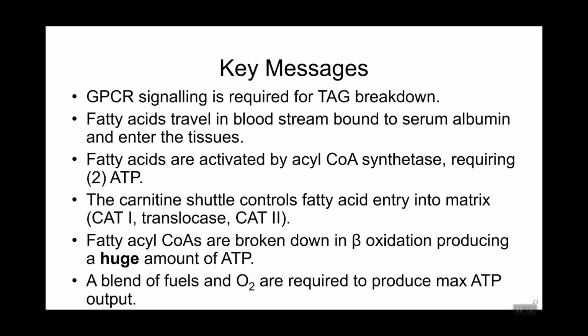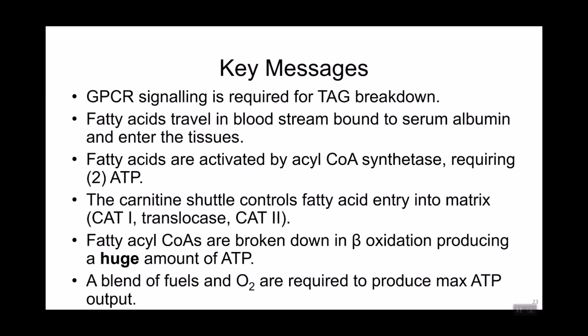So just in summary, in order to generate energy from fat, we do need to initiate the GPCR signaling pathways leading to the phosphorylation of the lipases that release the fatty acyl chains from the triglyceride molecules. These fatty acid chains can then travel through the body with the help of albumin in the bloodstream, and they'll then be activated in the cytoplasm by acyl-CoA synthetase, which requires 2 ATP molecules.